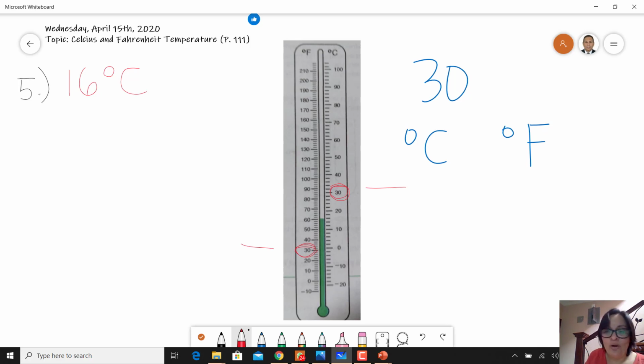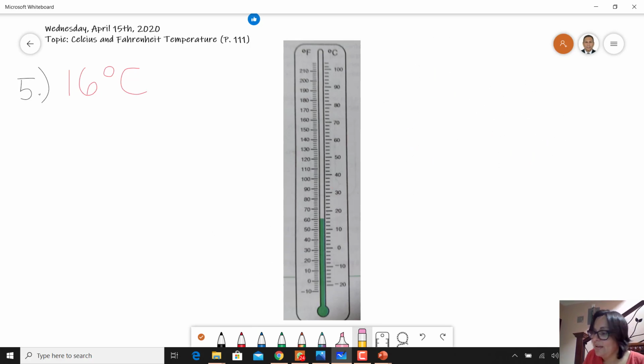Now let's go to number 9. Number 9 says, you are wearing a sweater. So what is the temperature? 50 Fahrenheit degrees or 50 Celsius degrees.